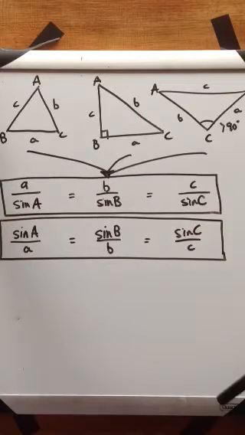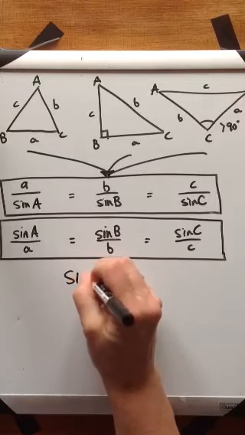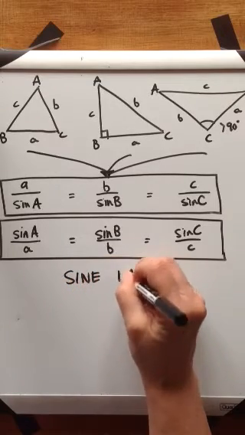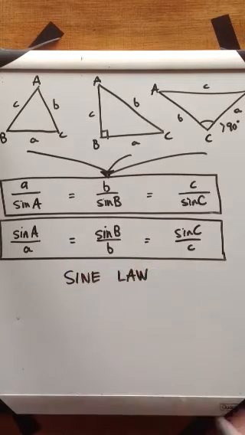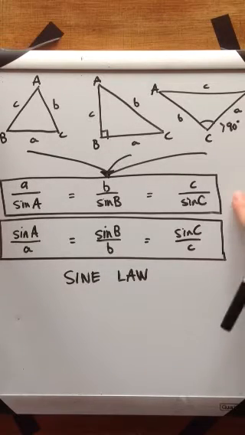And this, my friends, is what we call the sine law. Not to be confused with the sine relationship that is in right angle triangles only, which is opposite over hypotenuse. Okay, sine law is the relationship of how these ratios end up being equal to each other.